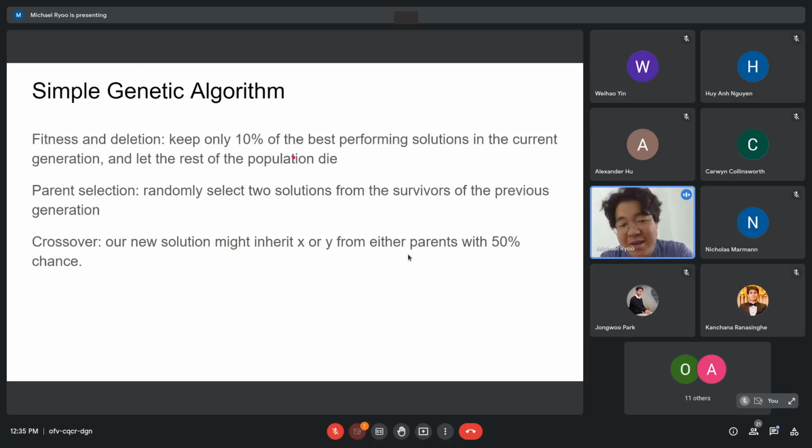After killing, there are some individuals in the population, and we randomly select two solutions out of such 10% best ones. And after doing this, we do the crossover. So the new solution, the child, will inherit X or Y from either parent with 50% chance. So this is how your parent will be selected, how the crossover will be happening, and how the deletion will be happening.